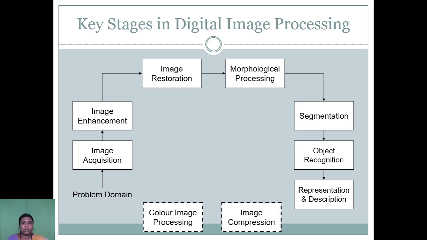Whether we are using it in the medical field, or law enforcement, or industrial inspection, or any other morphological process, first we have to fix that domain. From the problem domain, first we are going to have image acquisition as the first stage. In this image acquisition, you're going to get the particular input image, and for that image you are going to do the pre-processing.